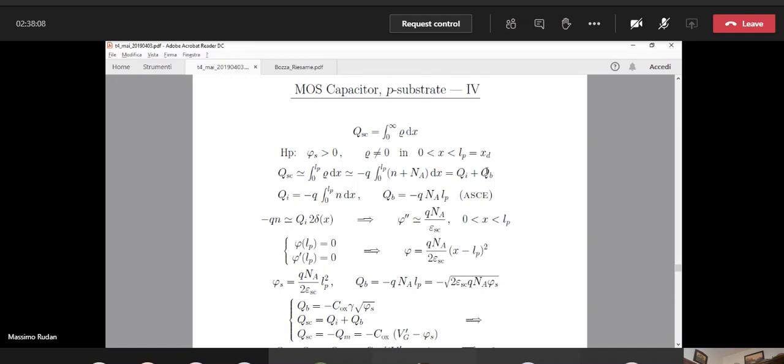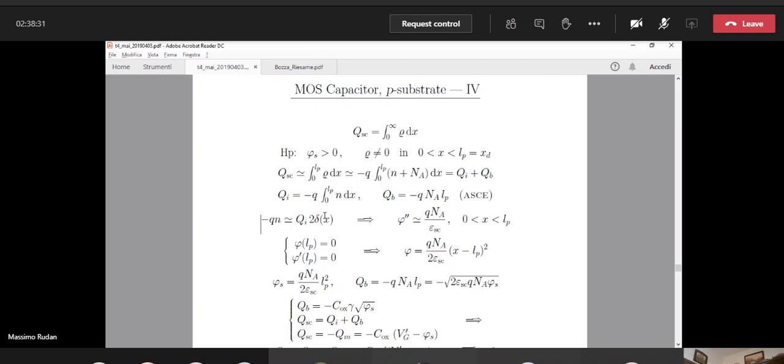Next, the approximation for the charge of the layer will be a Dirac delta. What is the advantage? We already mentioned that if we consider the inversion layer as a Dirac delta, it is just a boundary condition. It is of zero thickness.